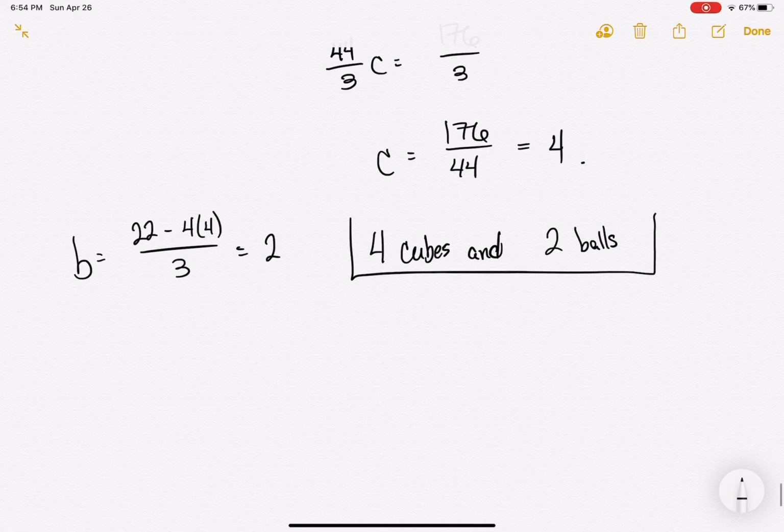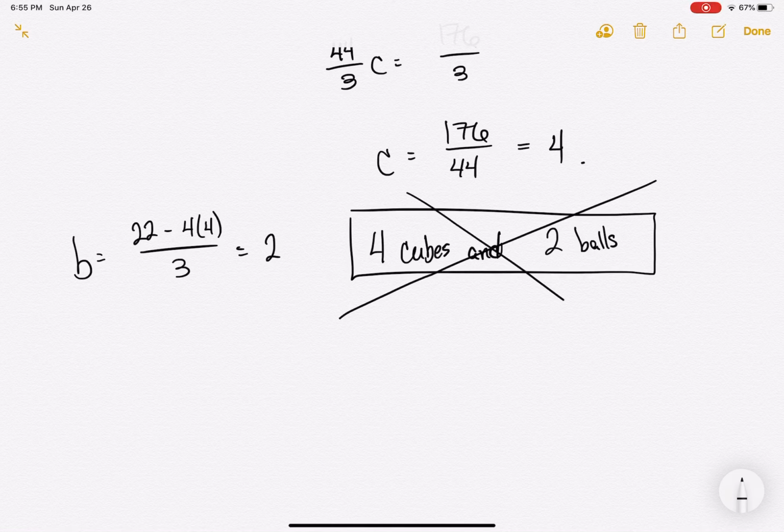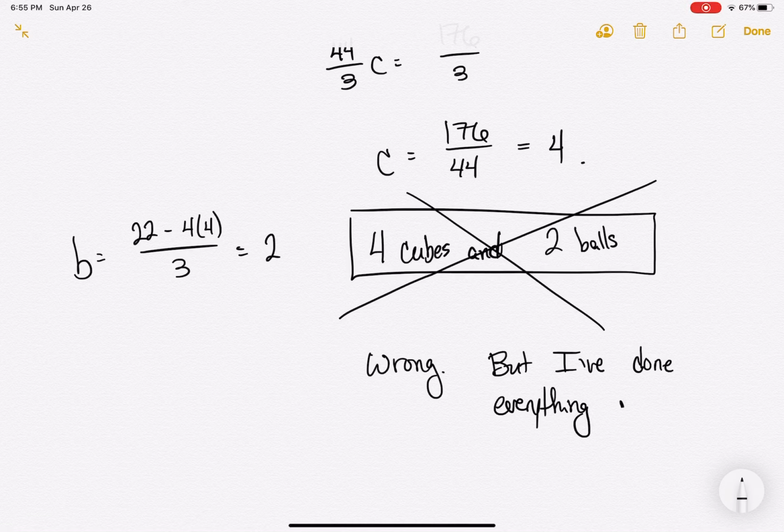And I circle that, and I compare it to the answer that the exam gives, and I'm wrong. But I've done everything correctly. How in the world am I wrong if I've done everything correctly?